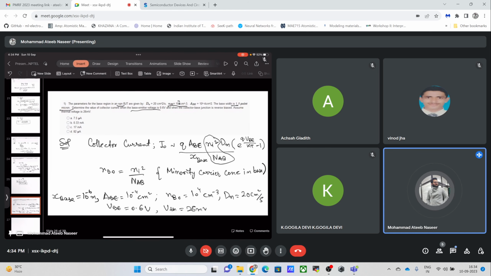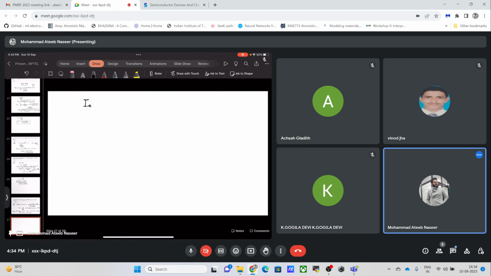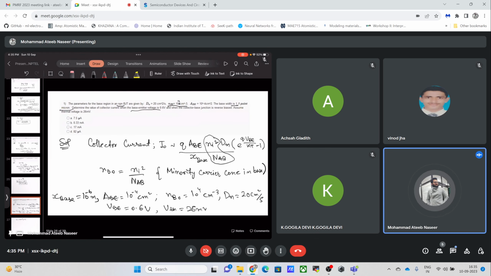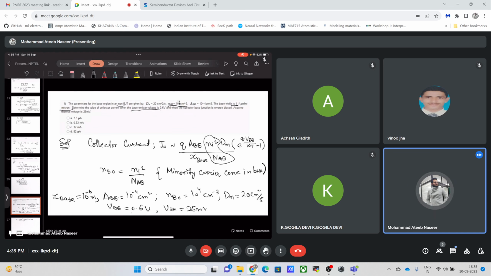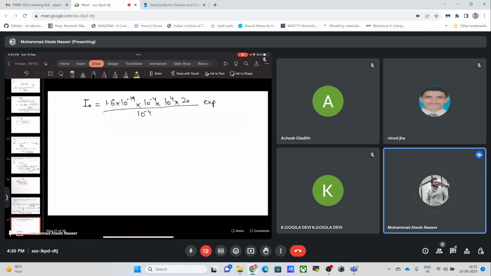Now if we put the values, I naught would simply be equal to 1.6 times 10 to the power of minus 19, times the area 10 to the power of minus 4, times NB naught 10 to the power of 4, times Dn which is 20, divided by XB, 1 micrometer or 10 to the power of minus 4 centimeter, into exponential of VBE, which is 600 millivolts, divided by 26 millivolts, minus 1.